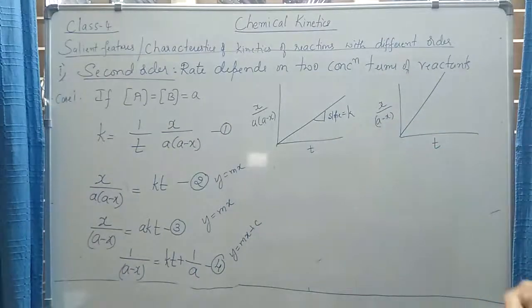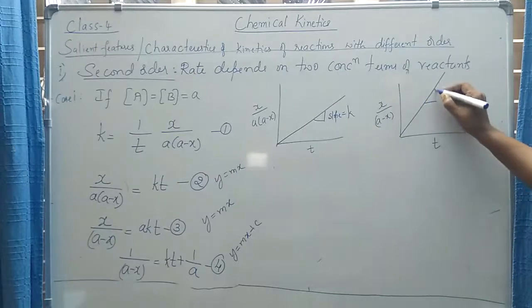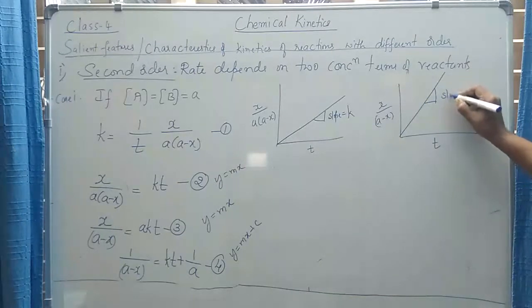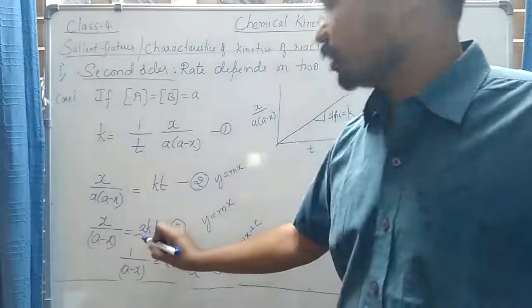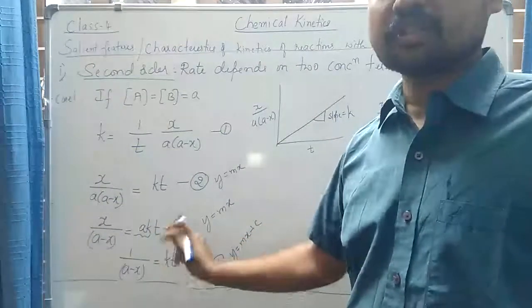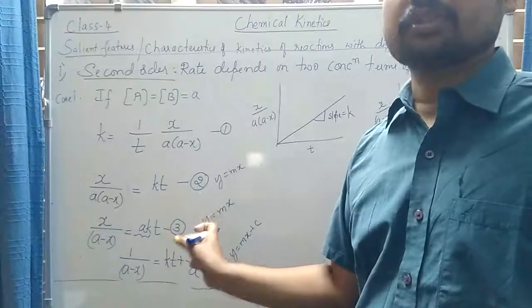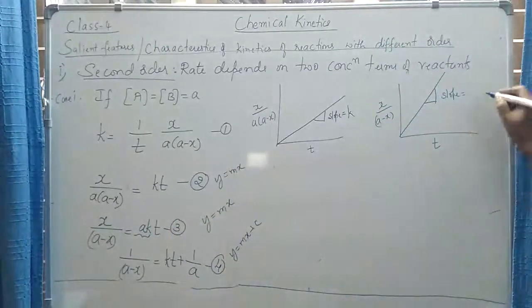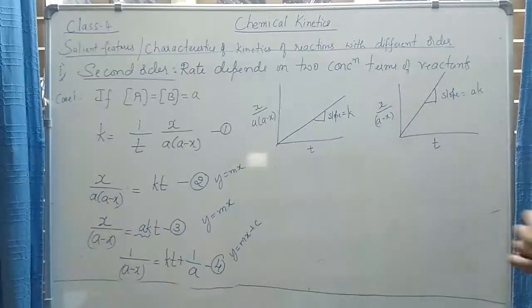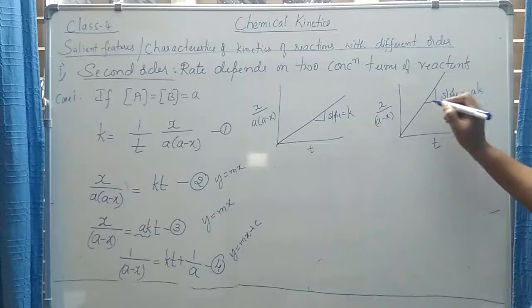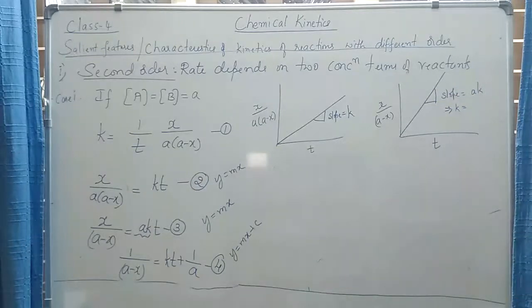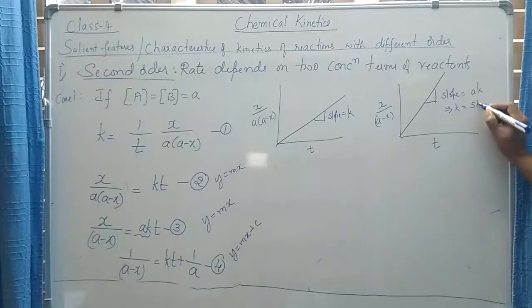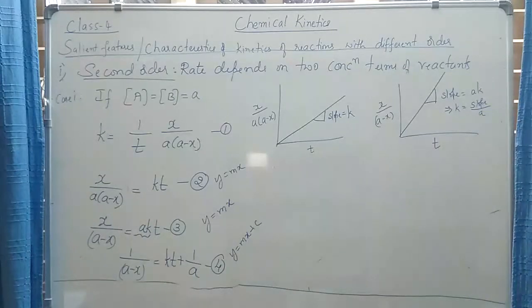In this case the slope is actually a into k, because a is a constant and k is a constant, so a into k together represents the slope of the plot. From this you can find out the rate constant. Rate constant is slope of the line divided by a.